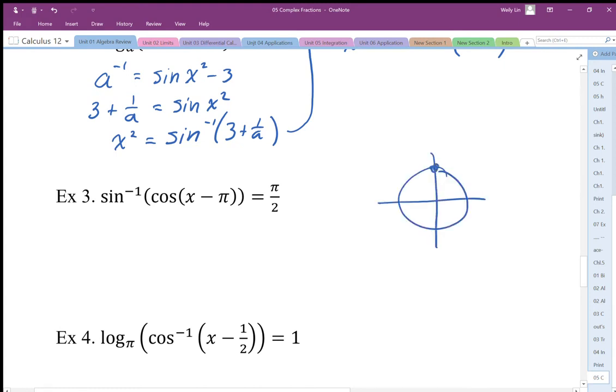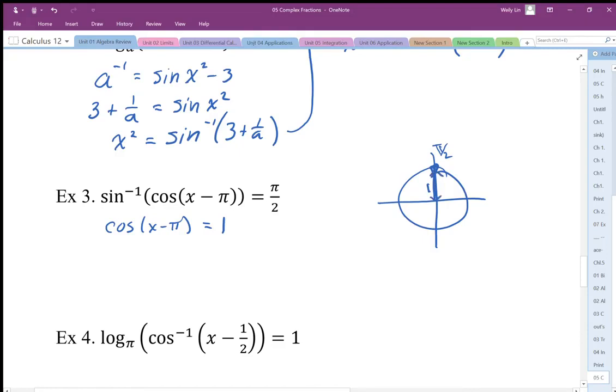If I look at my angle pi/2, the sine ratio that gives me pi/2 is 1. So I know that this argument, cosine of x minus pi, must be equal to 1. It's the value 1 right there, this line y equals 1, so sine equals 1.